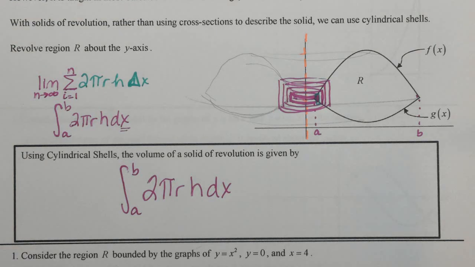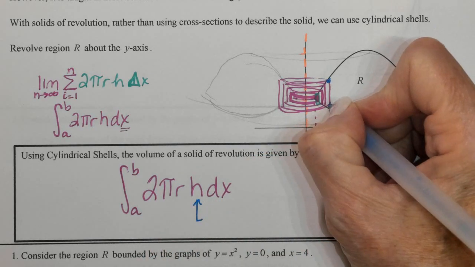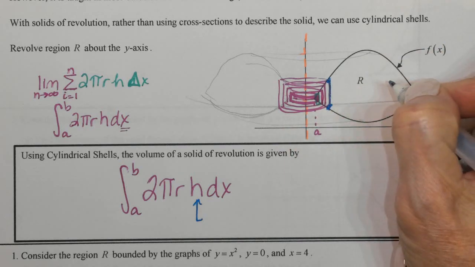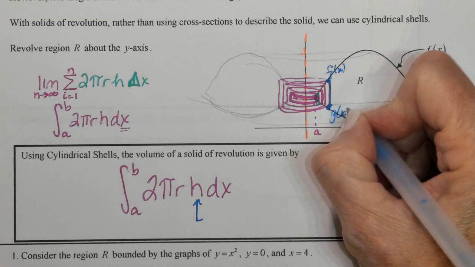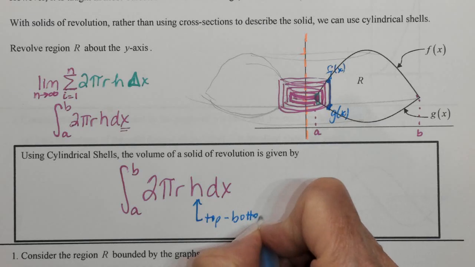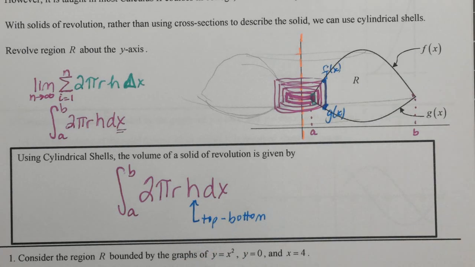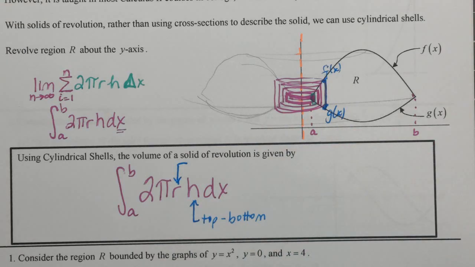Alrighty. Our h is the height of the cylinder. So the height is top minus bottom. The height is your top curve minus your bottom curve. Every time. Every time. Okay? The only thing about this method that is vaguely tricky is the r, the radius.